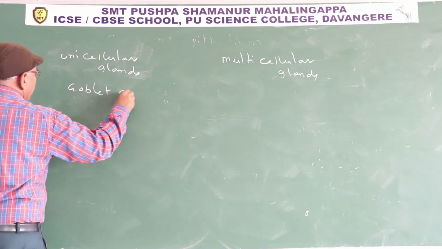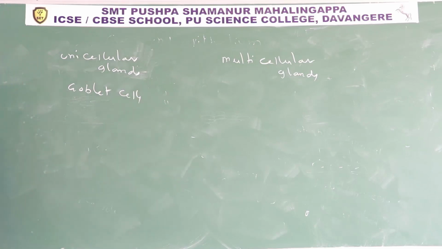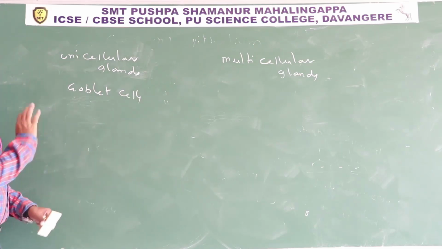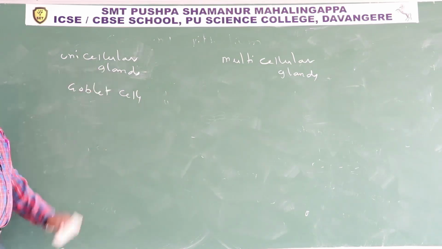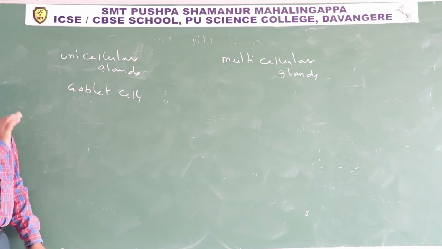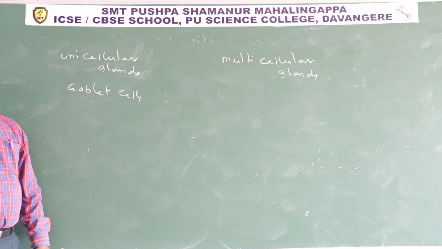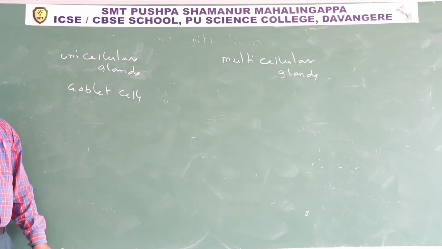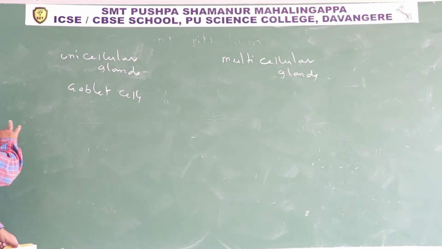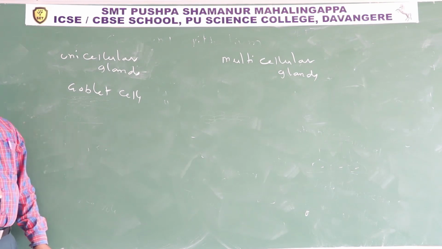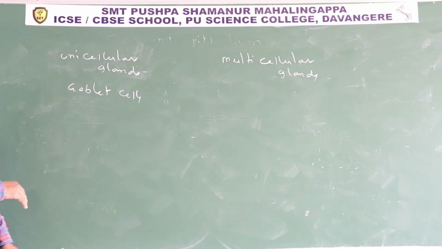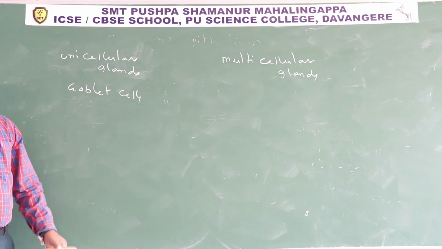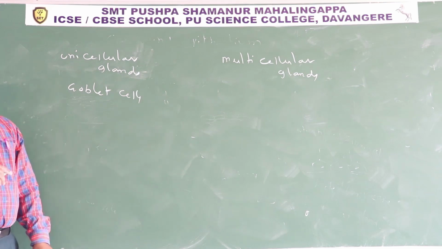Example, goblet cells. Between the normal cells, goblet cells are present. Example, goblet cells present in the alimentary canal. They are scattered or isolated. It does not mean that two goblet cells are present side by side.